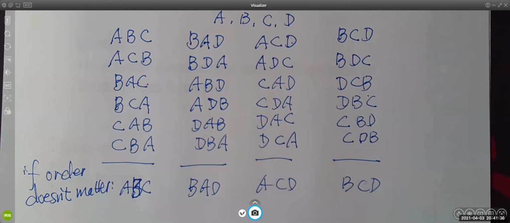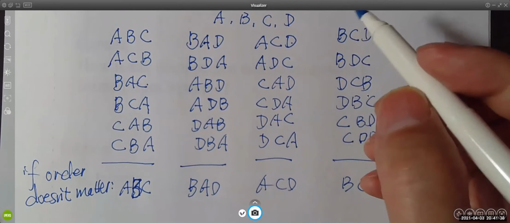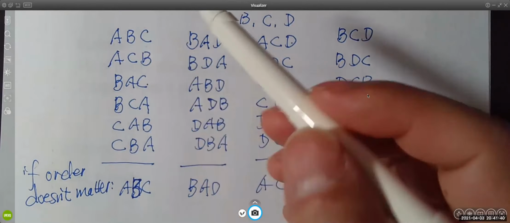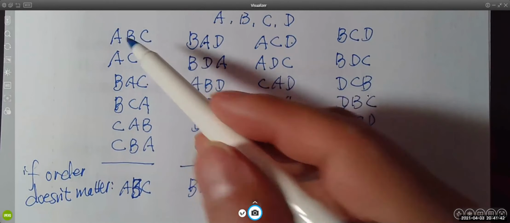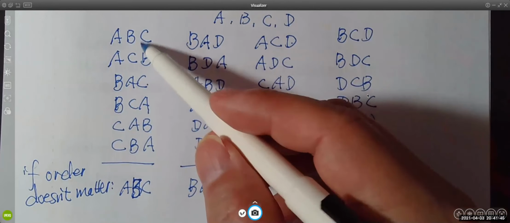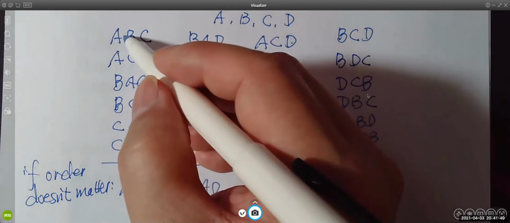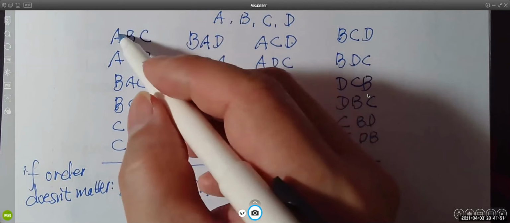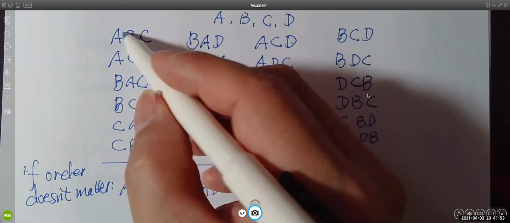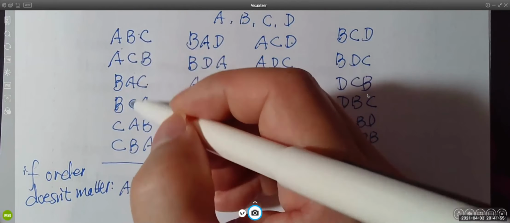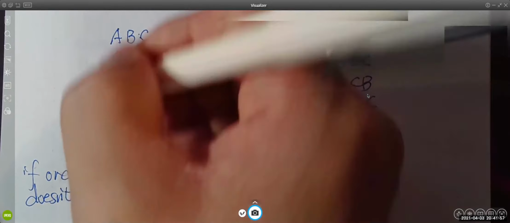So here's the critical part. When we select 3 out of 4, each column has 6 outcomes because if you rearrange these 3 letters, where order makes a difference, it has 6 different outcomes. And how do we get 6?